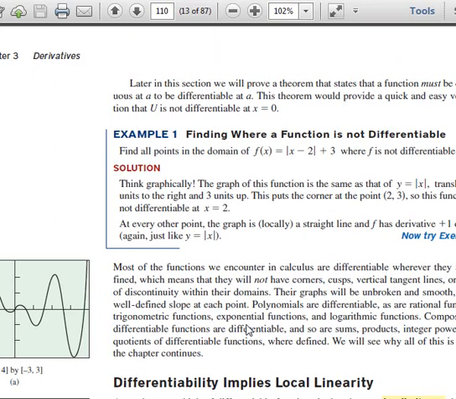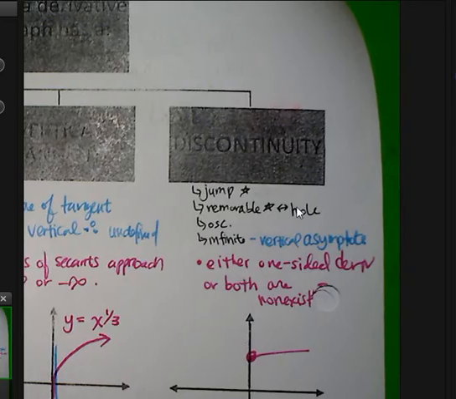I'm going to write this down. Polynomials, rational functions, all the ones that are continuous for us, they're also differentiable. Trig functions, I'll show you in a second. Exponential functions and log functions. Compositions of the above.